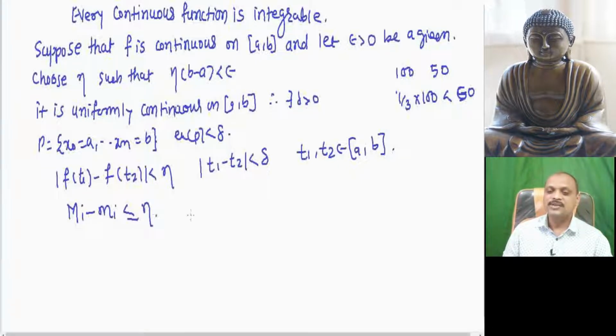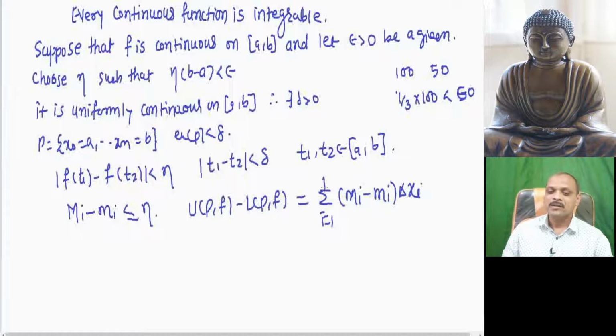But we know that U(P,f) minus L(P,f) is equal to the summation of (capital Mi minus small mi) into delta xi, i equal to 1 to n. But each difference of the supremum and infimum is less than or equal to eta, so this is less than or equal to the summation of eta into delta xi, i varies from 1 to n.